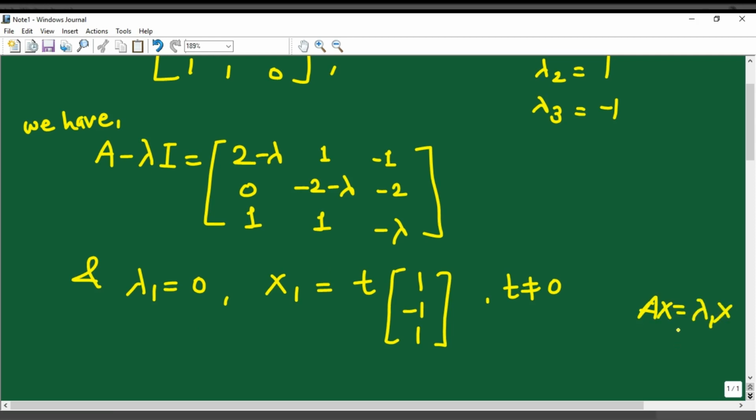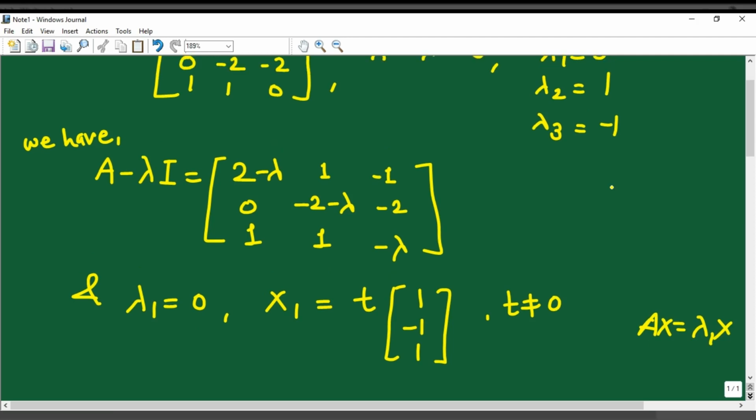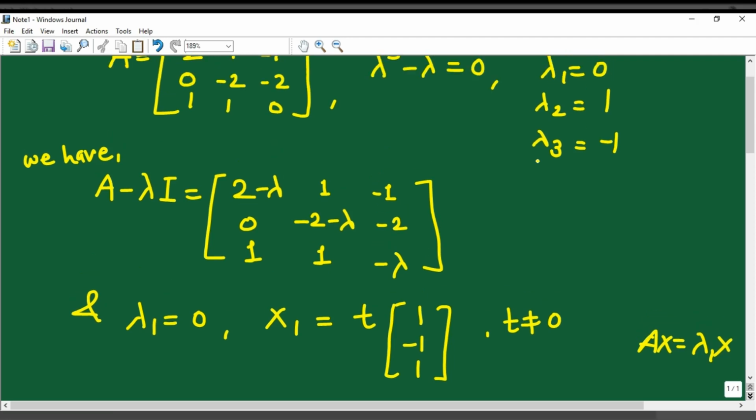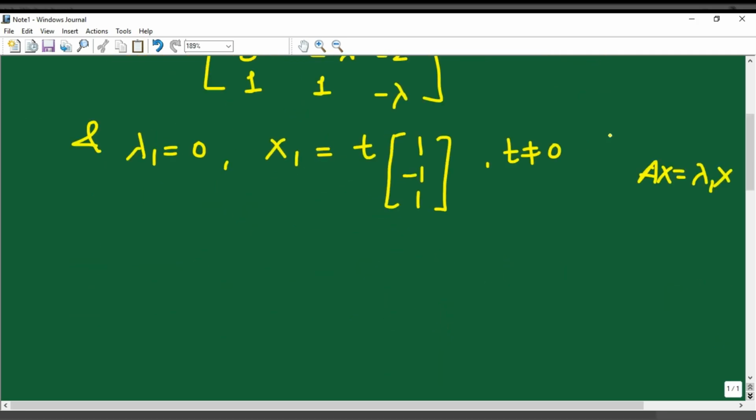Okay, we'll proceed further with lambda 2 equal to 1. Same thing we are going to repeat. Instead of lambda, we'll put lambda as 1 everywhere. So case 2, lambda 2 is equal to 1.